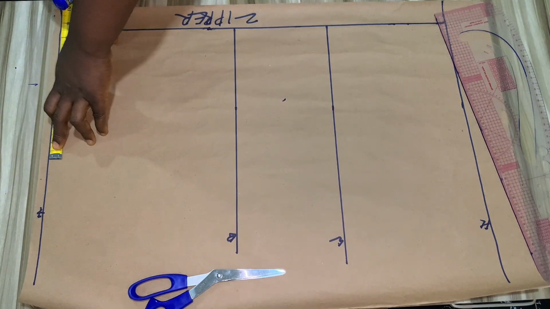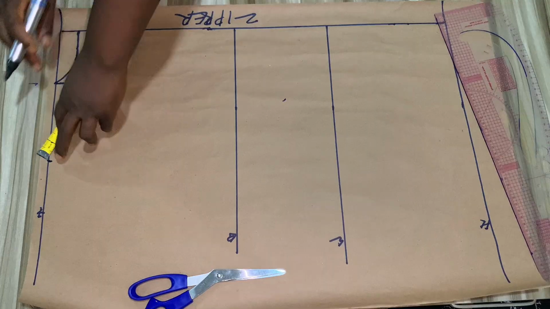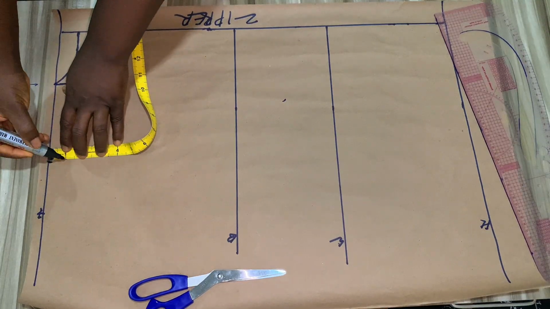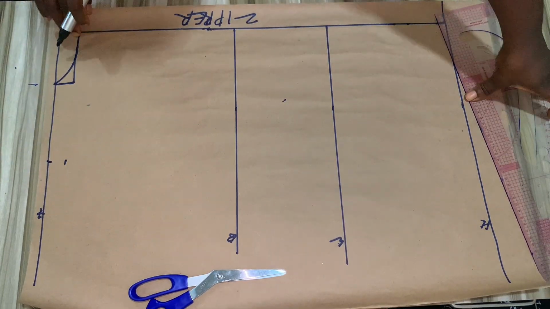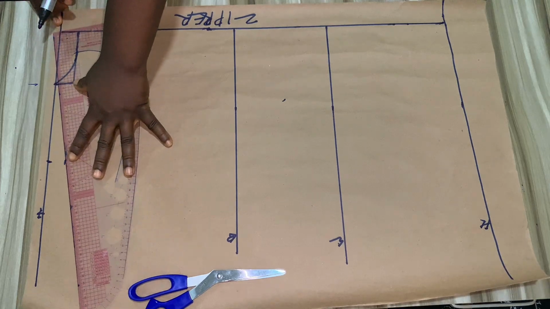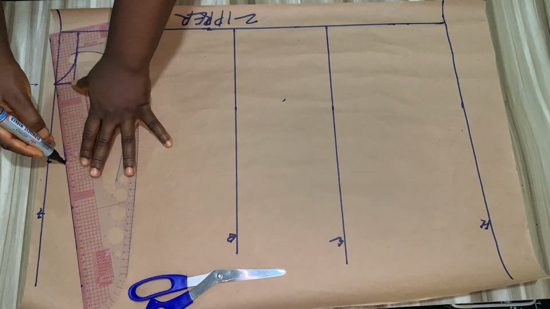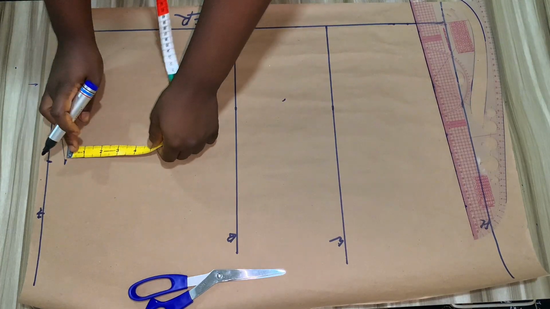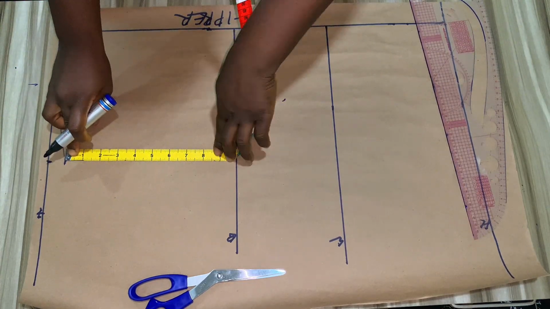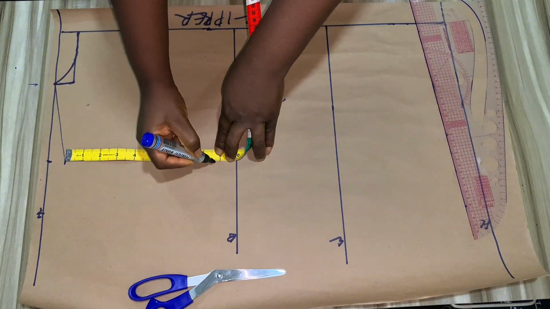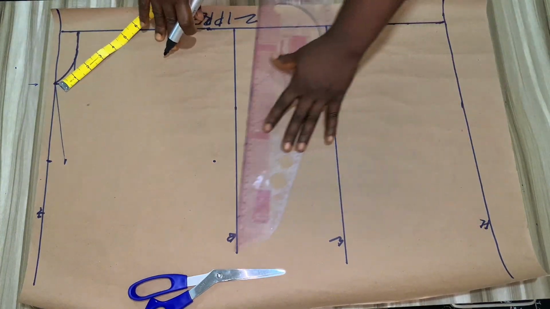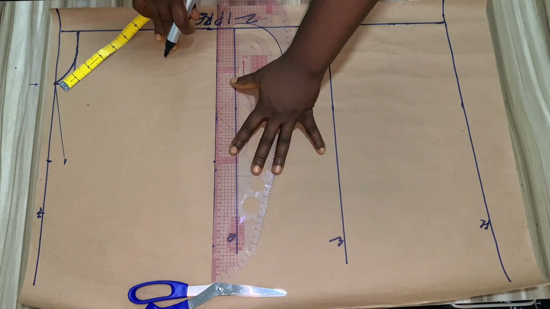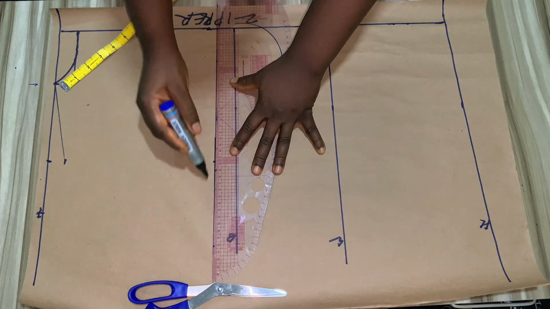Now the next thing is to input my back measurement, which is my shoulder measurement divided by 2. I will input it here, and from there I'll go down by 1 inch, which is for my shoulder slope. From there I will input my armhole depth, which is bust circumference divided by 6 plus 1.5.